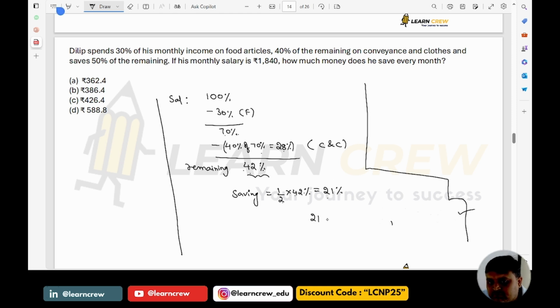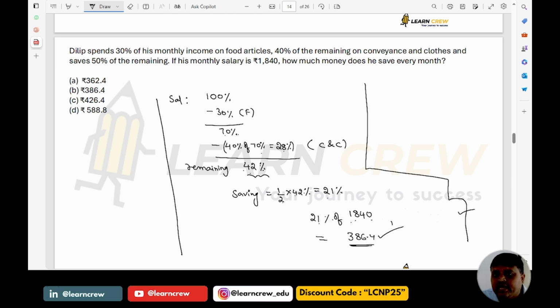So 21% of 1840. His salary is 1840. Out of it, 21% of 1840 is how much? 386.4. This is what we need to calculate.